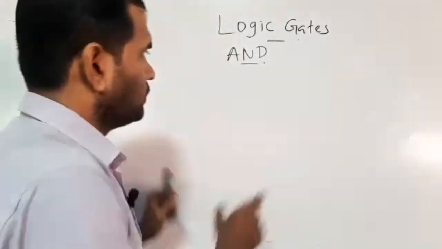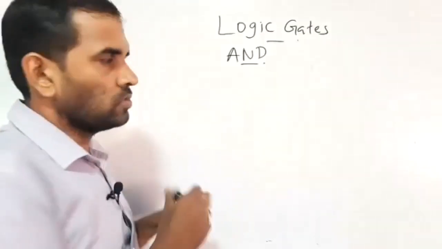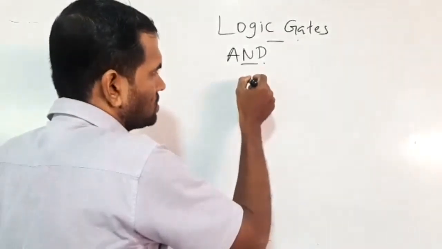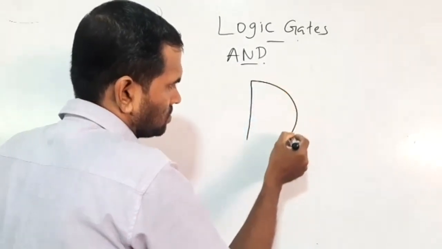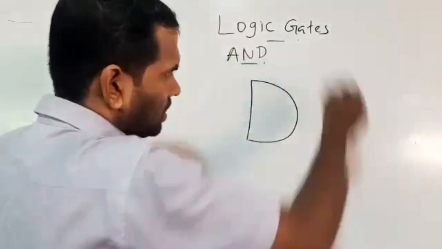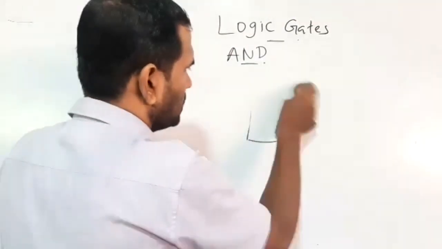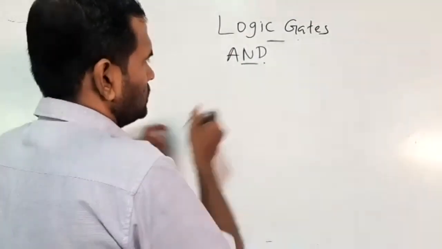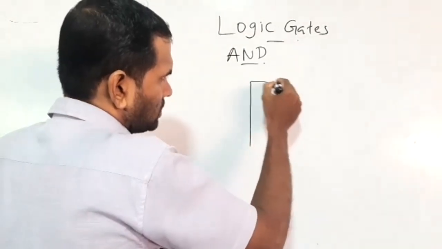Okay. So first of all, the symbol for AND gate. So this is the symbol for AND gate. Maybe a straight line and a curve. The straight line may not be clear. I will draw it again. So this is straight and a curve like this.